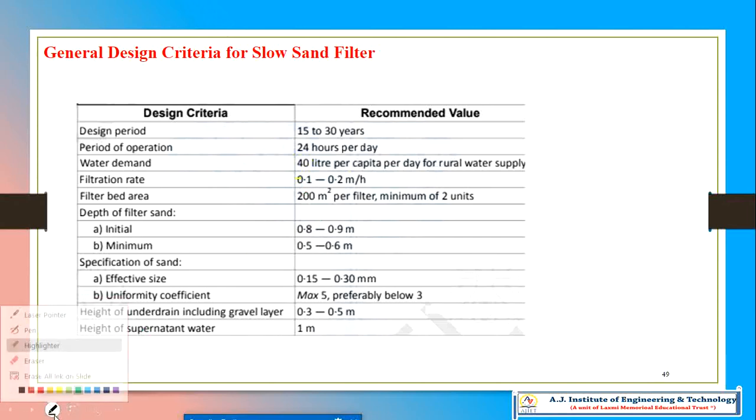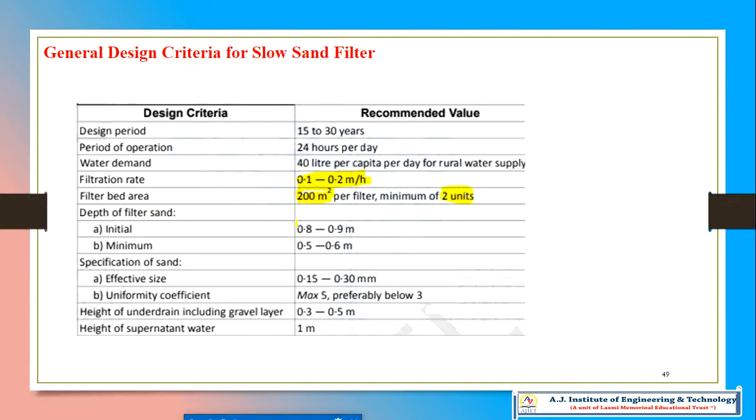The filtration rate will be 0.1 to 0.2 meter per hour. The filter bed is usually 200 square meter per filter, and a minimum of 2 units are provided.